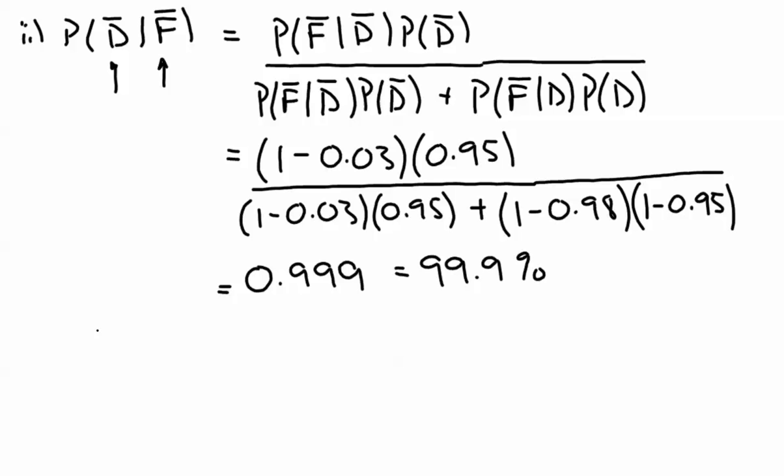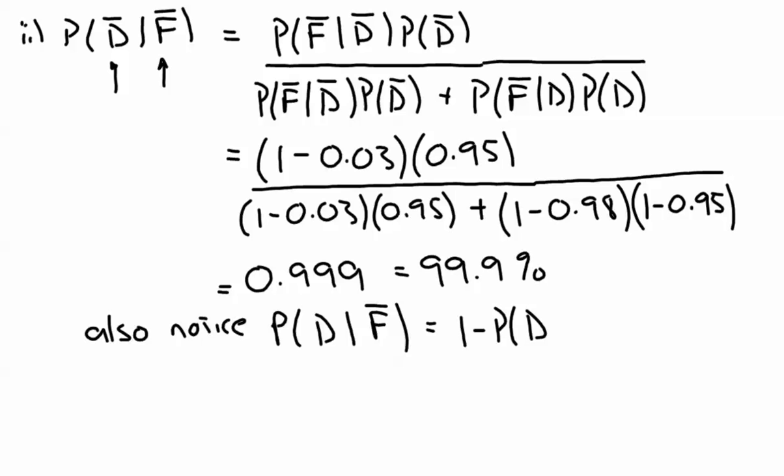Conversely, the probability that it has a defect, if it doesn't fail, is 1 minus the probability that it's a good part, and that is 0.001.